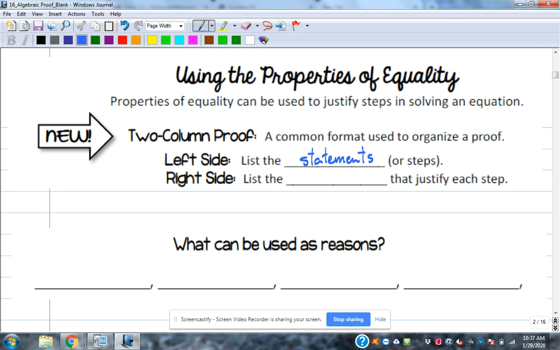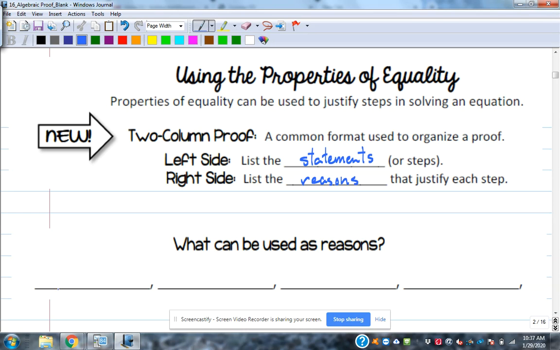The right side are the reasons that justify each step. Okay. What can be used as a reason in algebraic geometric proofs?